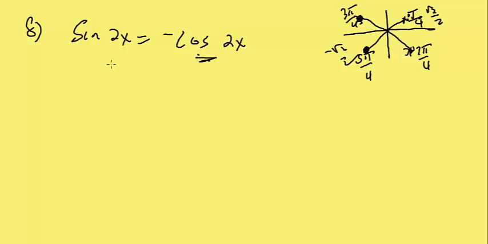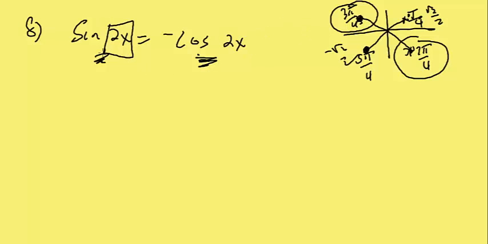We want where sine is the opposite of cosine. So we're looking at these two values right there. That's where sine and cosine are going to be exact opposites. What that means is, if I put 3 pi over 4 or 7 pi over 4, these two expressions will be equal to each other.